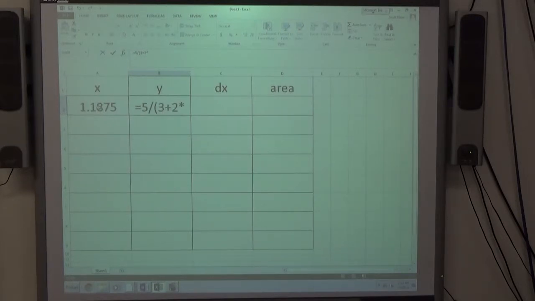And then if you click on the cell you wish, which is A2, and then caret 2 for squared in parentheses. So that's how your formula has to look in order to get it typed correctly. You can manually type A2, or you can click on the cell you want to refer back to, hit enter. dx is the 0.375 we figured out, right? That's what dx was, delta x.